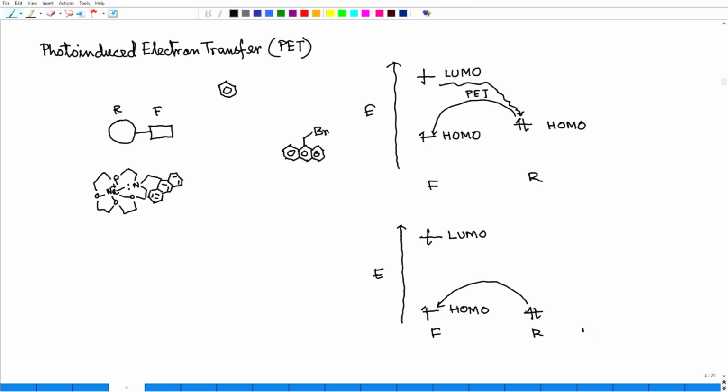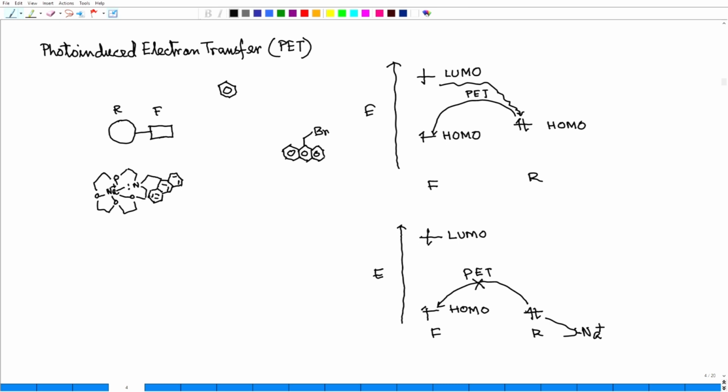Because it is already bound to the sodium ion, already engaged. So PET is not possible anymore, because this lone pair orbital is lower. From lower energy, an electron cannot go to higher energy. That is point number 1.